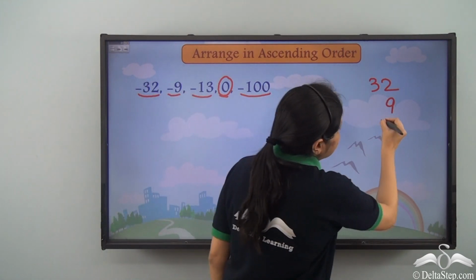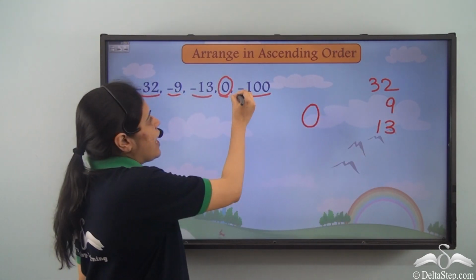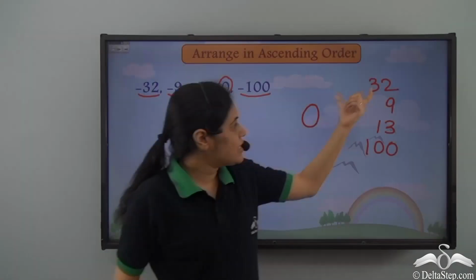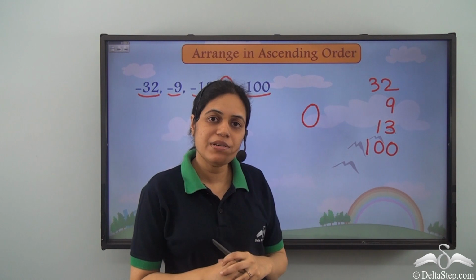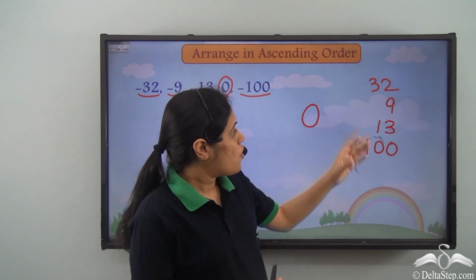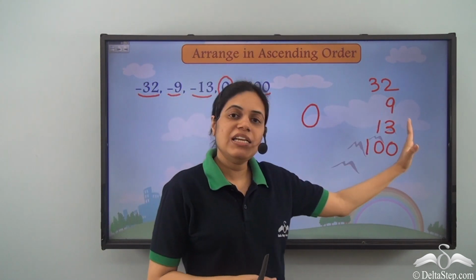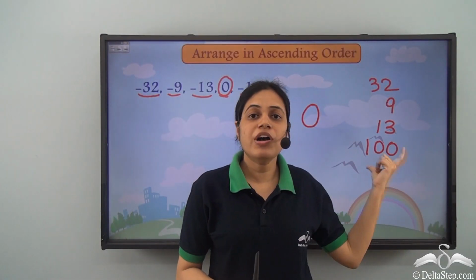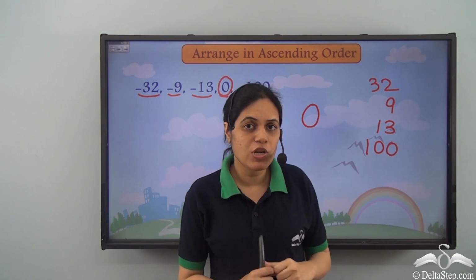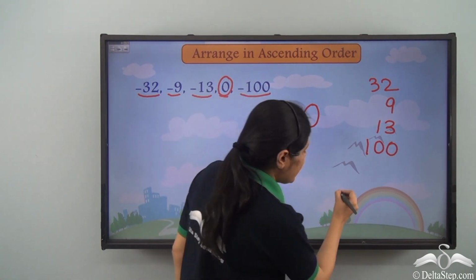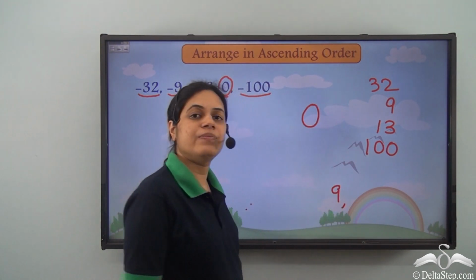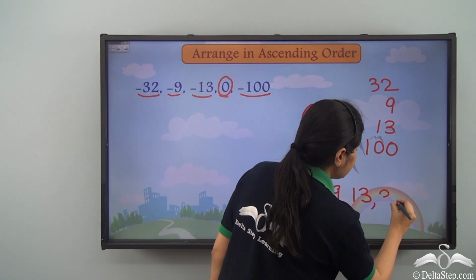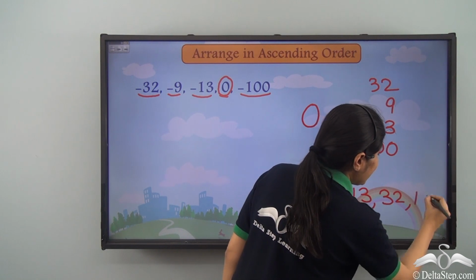For negative 13, I take 13. And for negative 100, I take 100. Now, negative numbers are exactly the opposite of positive numbers. If I arrange these from smallest to largest, 9 will come first, then 13, then 32, and then 100.